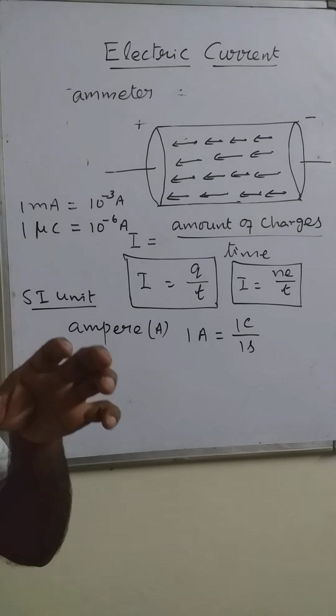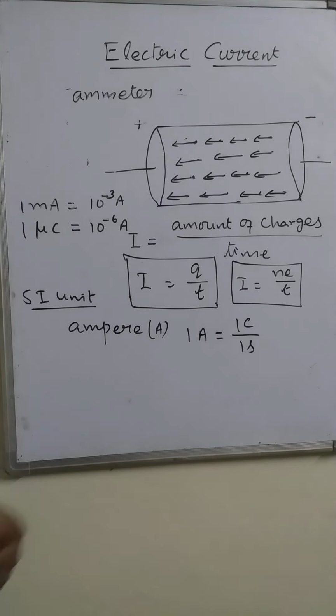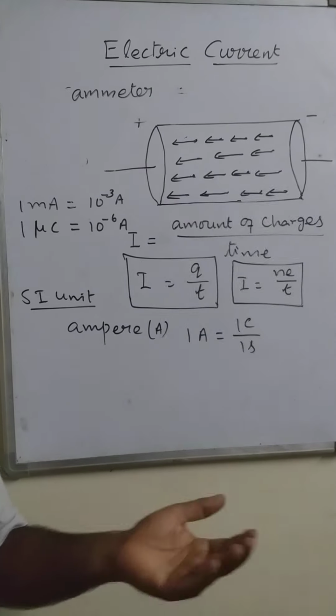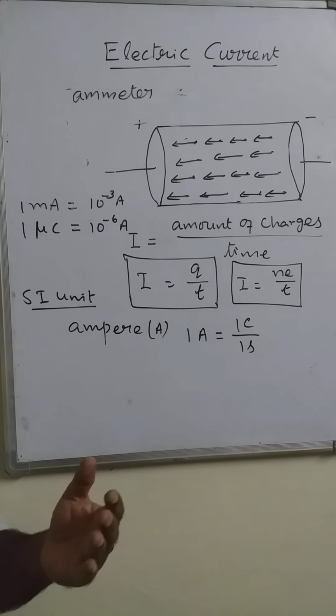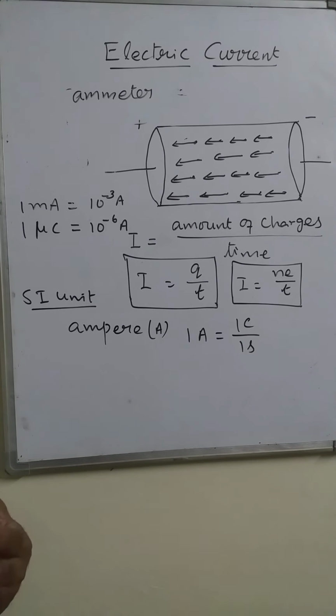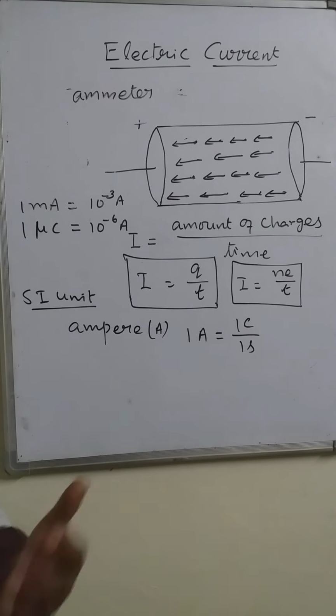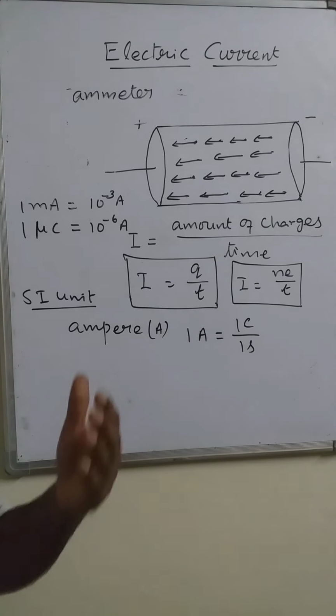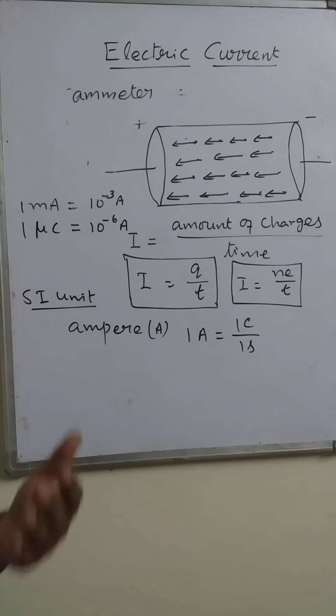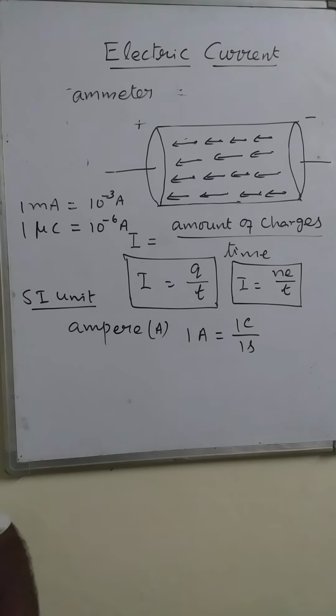In class 7th we also studied the electric symbols of many appliances: cell, battery, switch, key, bulb. So many devices have electric symbols. This ammeter is also represented with an electric symbol.